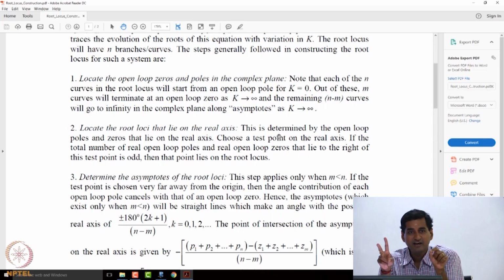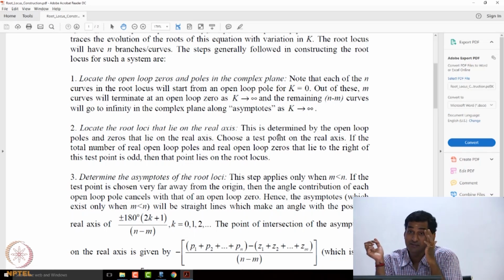If the number of open loop poles and open loop zeros on the real axis to the right of the test point is odd, then we get an odd multiple of pi because each would contribute pi, and that test point lies on the root locus.